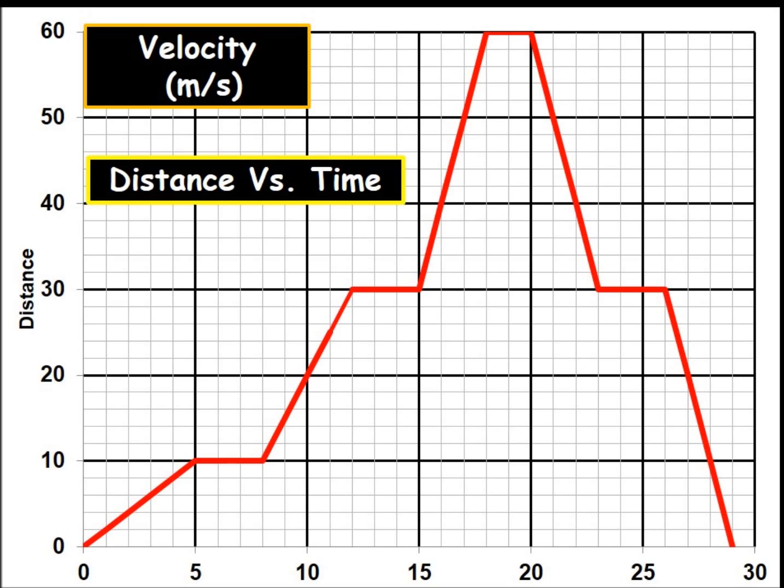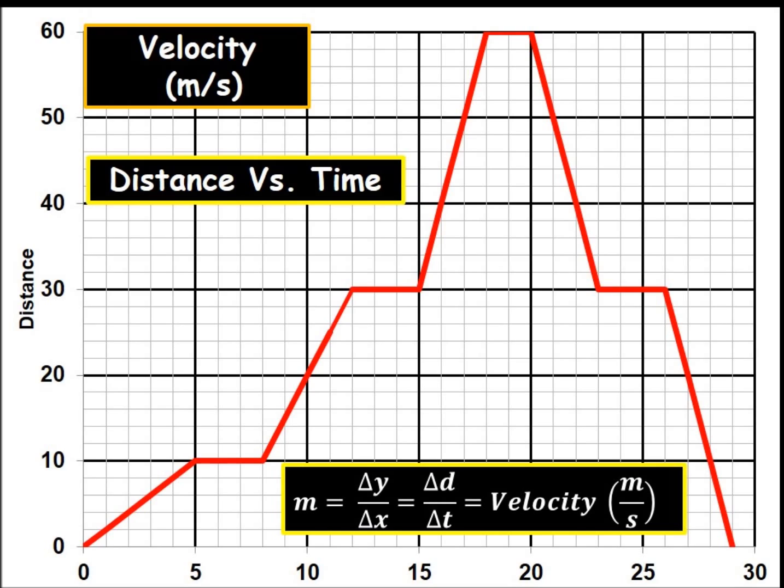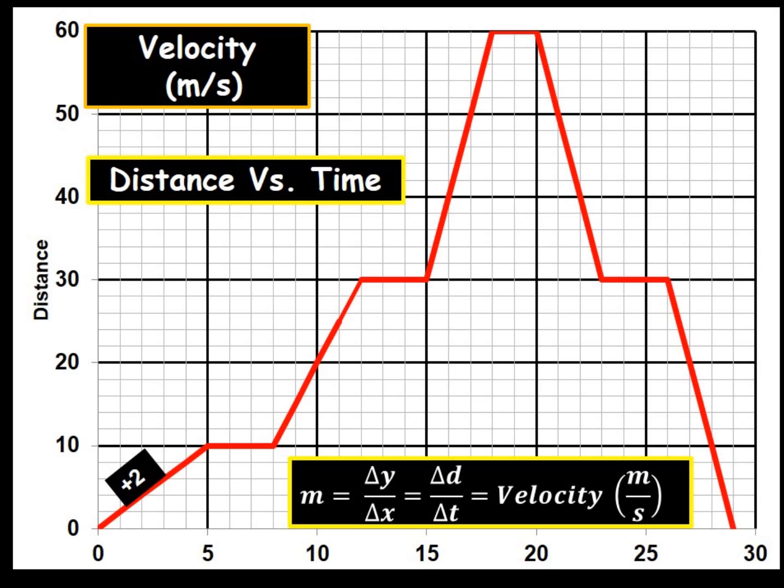Let's see how that matches up relative to looking at the equation. Here's the equation. The slope m equals change of y over change of x, which is change of d over change of t, and that's going to equal the velocity. I'm taking my time trying to explain some of what's going on here in the first few slides, and then we'll go through the next batch rather expeditiously.